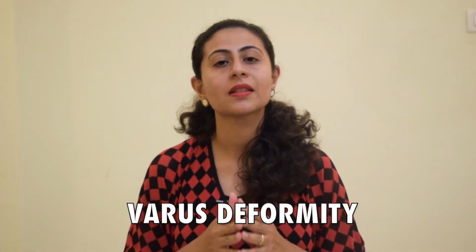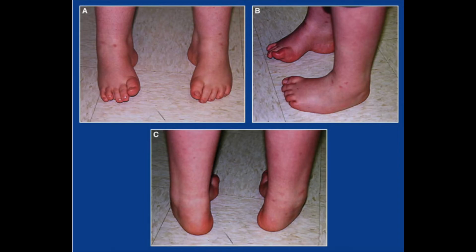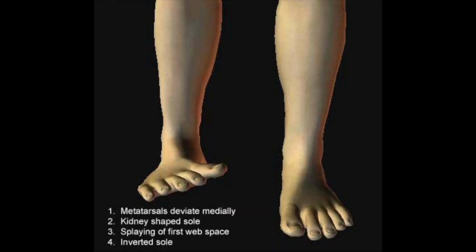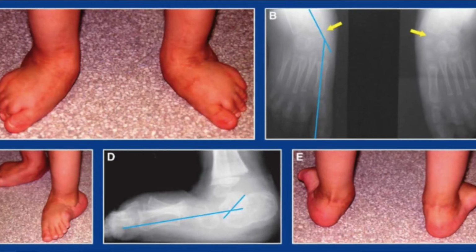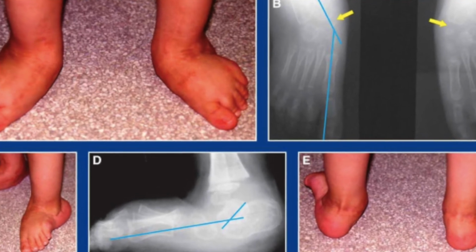Varus deformity is where the deviation is towards the center or midline of the body. In this scenario, the foot would look more inwardly deviated or C-shaped. Adduction deformity is where the forefoot, or front foot, is tilted towards the midline, whereas in abduction deformity, the foot is deviated away from the midline.